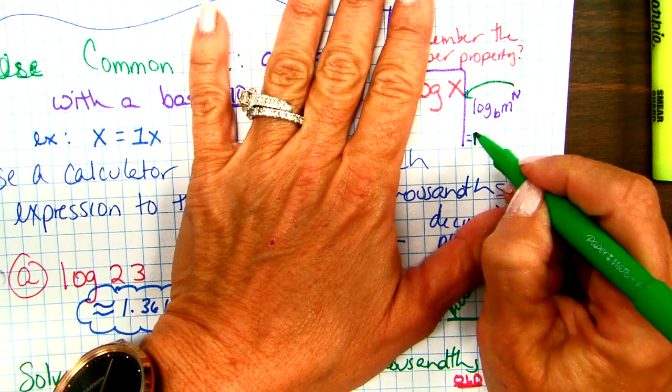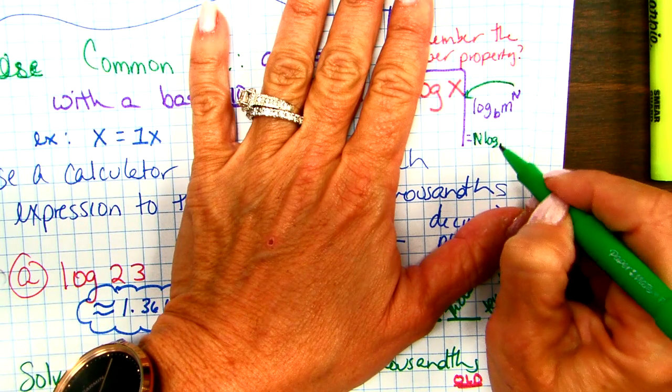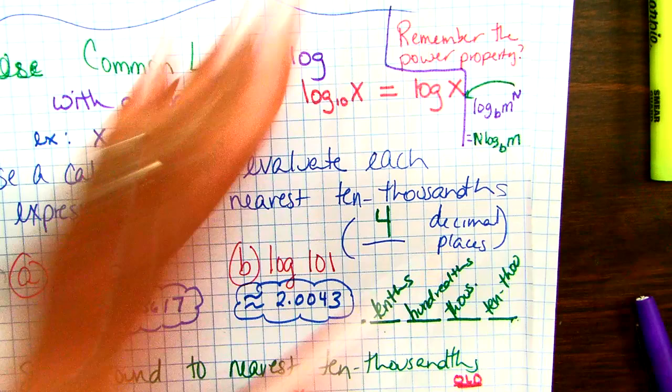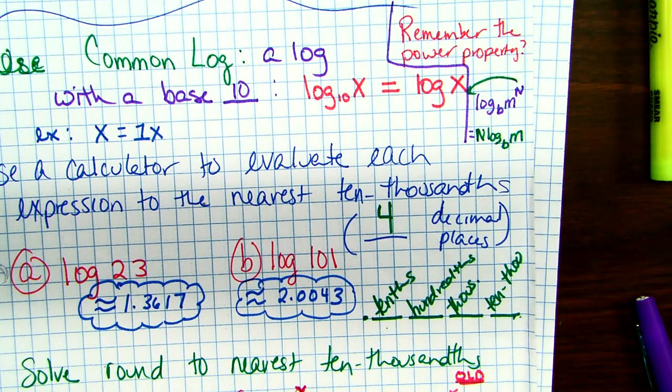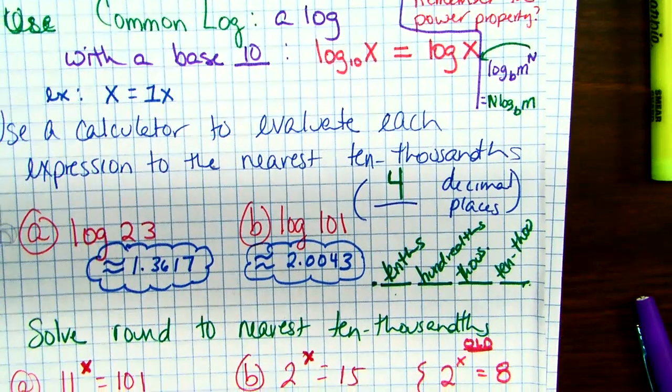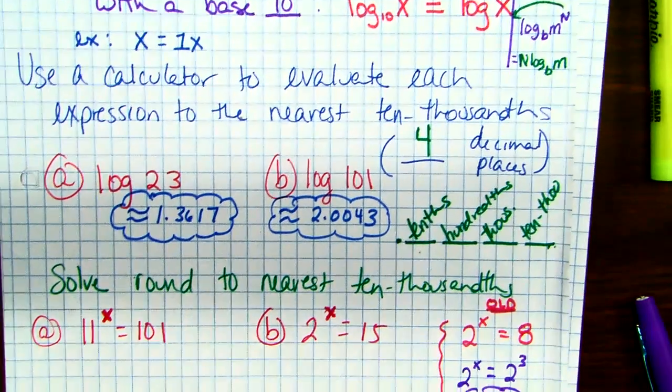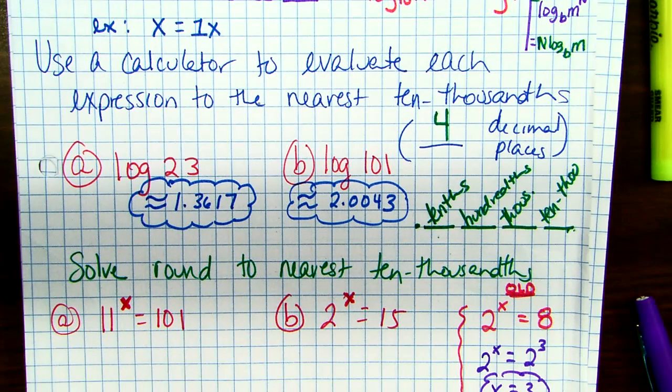So that would be n log base b of m. So if only this example we're about to do was a log problem, we could apply that property of logs. So remember this fun rule about equations? You can do anything you want to it as long as what?